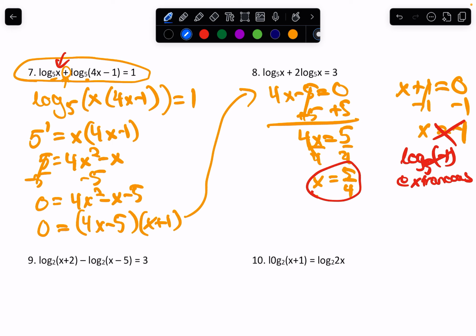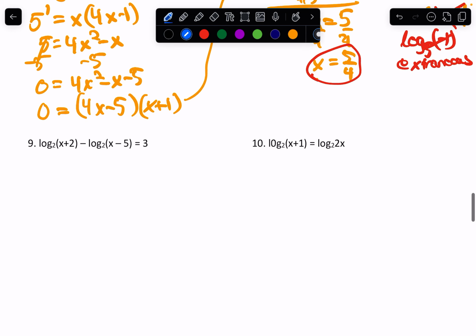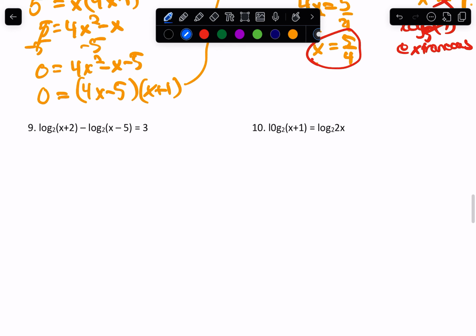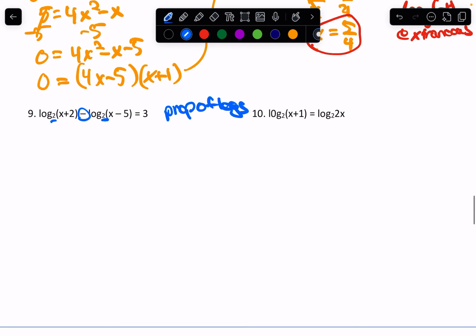All right, for number 9, we're going to use, again, properties of logs. We can see that we have the same base 2, and we have a minus sign in between. So we can go ahead and write it as one log with a division. So x plus 2 divided by x minus 5, and this equals 3.